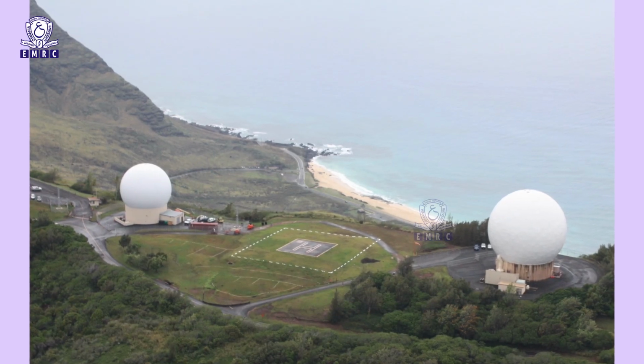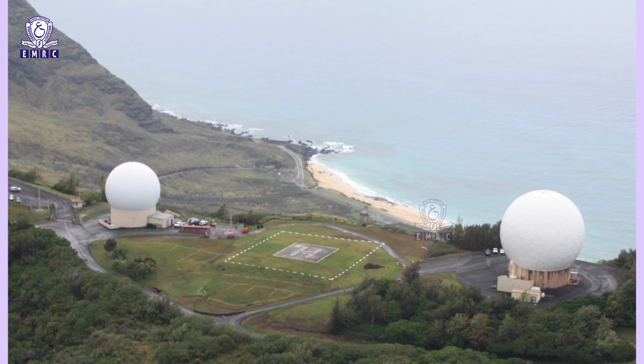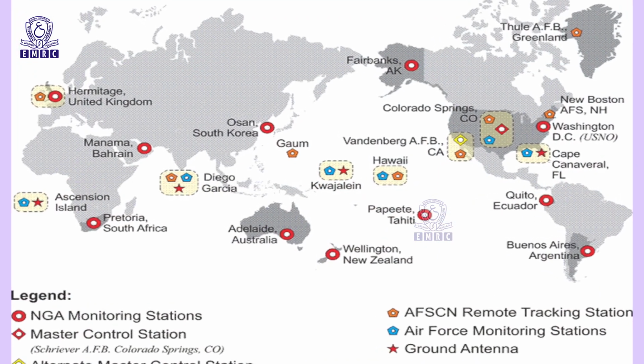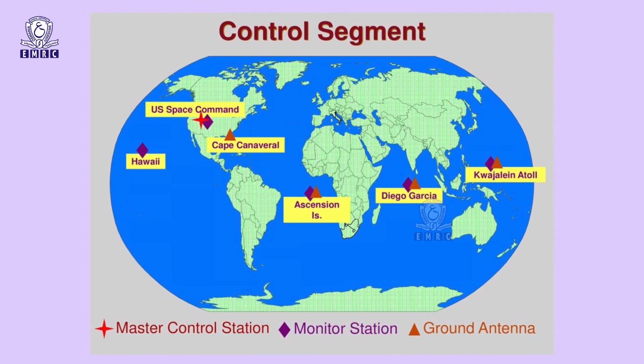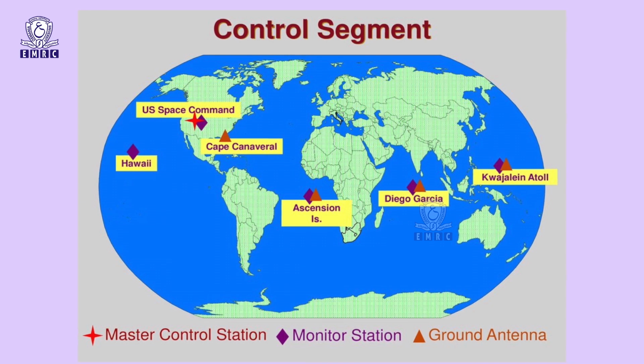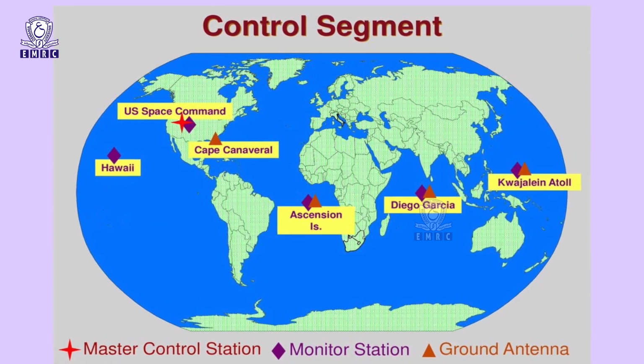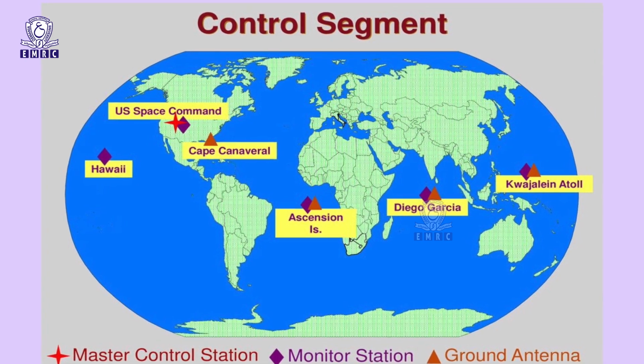Control segment. The control segment of the global positioning system consists of one master control station, MCS, located at Falcon Air Force Base in Colorado Springs, Colorado, and 4 unmanned monitor stations located strategically around the world. Examples: Hawaii Monitor Station, Ascension Monitor Station, Diego Garcia Monitor Station, Kwajalein Monitor Station.